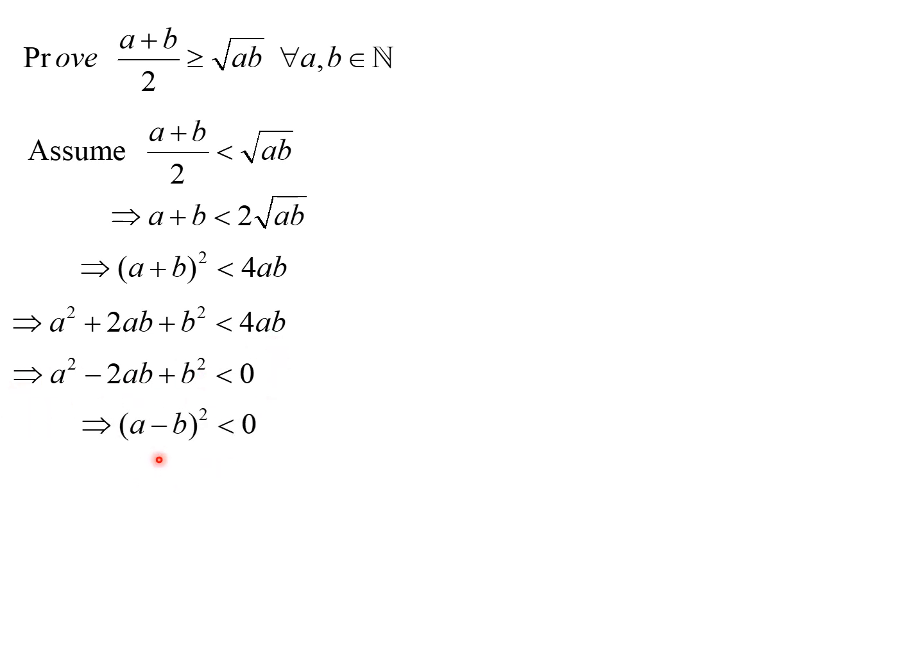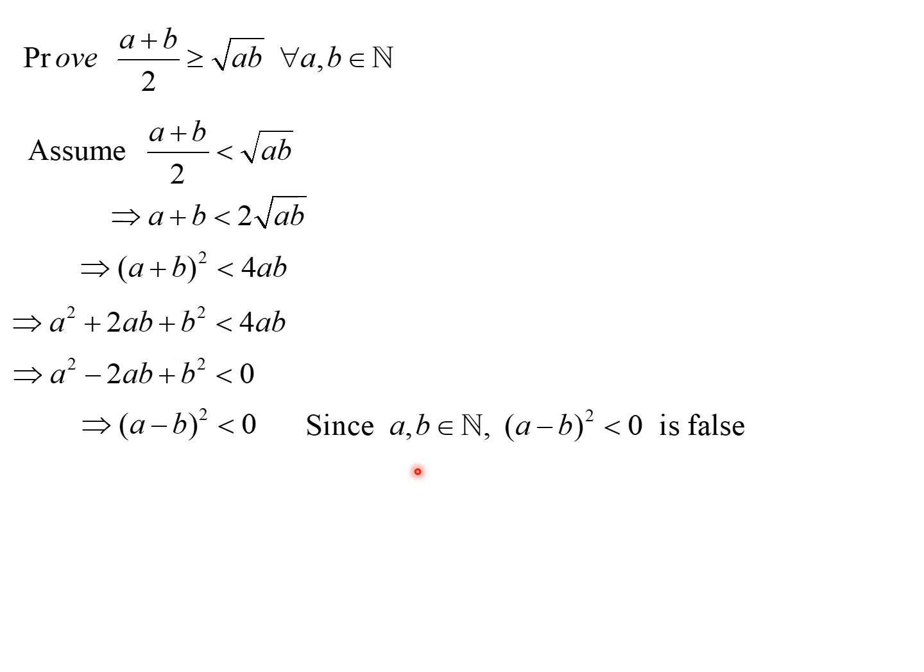When I factorize it, I got (a minus b) squared is less than 0. So this shows that (a minus b) squared less than 0 is obviously false, right? Because if a and b are elements of natural numbers, then obviously (a minus b) squared cannot be less than 0.